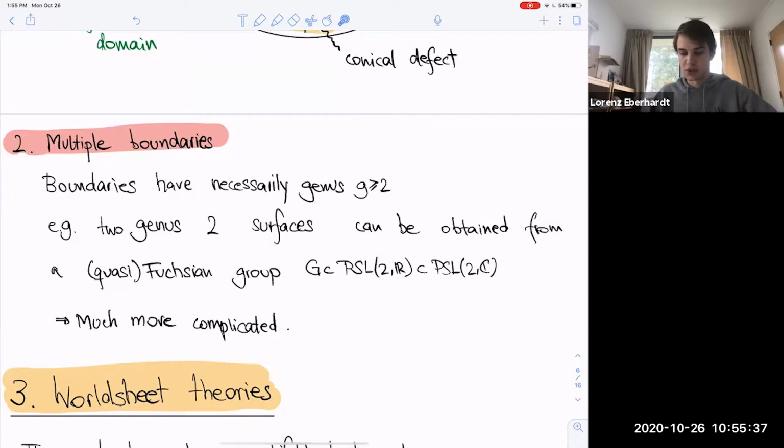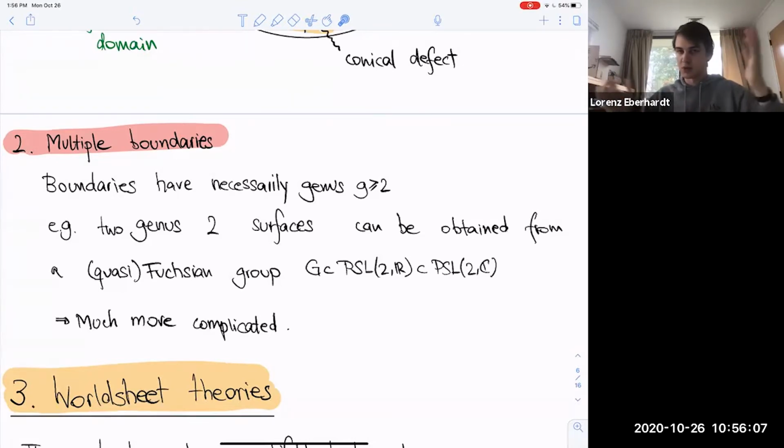The Fuchsian group is just a discrete subgroup of PSL2R. And if you take the subgroup to be of PSL2R, then it fixes the real line in the boundary. So again, it acts by Mobius transformations, so the real line is fixed. And that leads to the fact that you have 2 copies of the same geometry. One is in the upper half plane and one is in the lower half plane of the boundary. And you get basically a wormhole that connects these 2 Riemann surfaces.